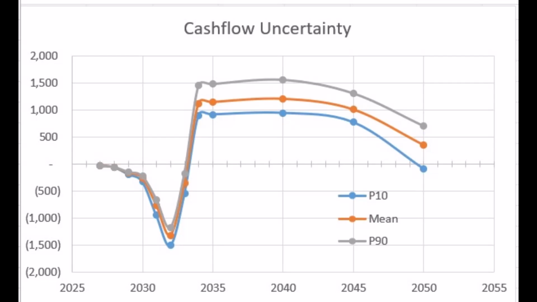And as the field gets depleted and production falls off, and we come down here, there is a small chance that by the end of the project, we have a negative cash flow. What would probably really happen is you would terminate the project somewhere back here if you were following this blue line, so you didn't go negative. And then you'd have to worry about abandonment.